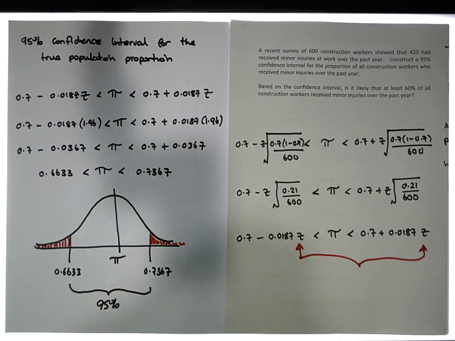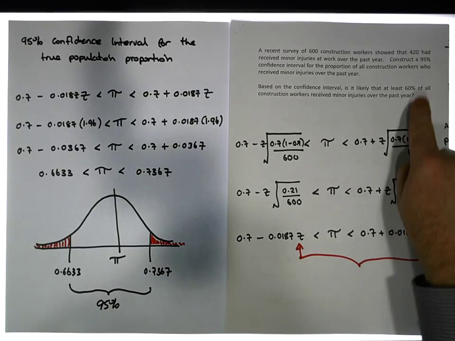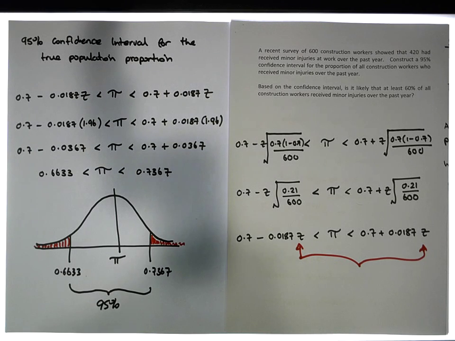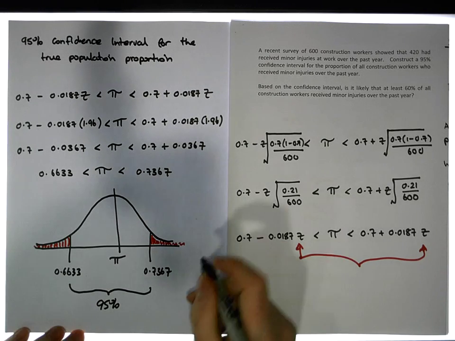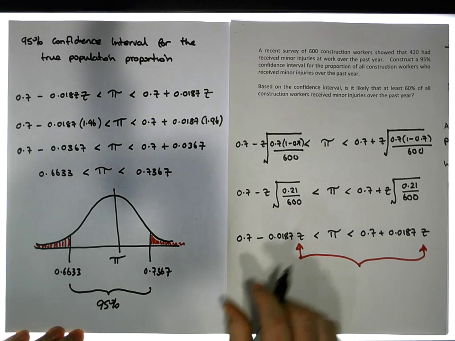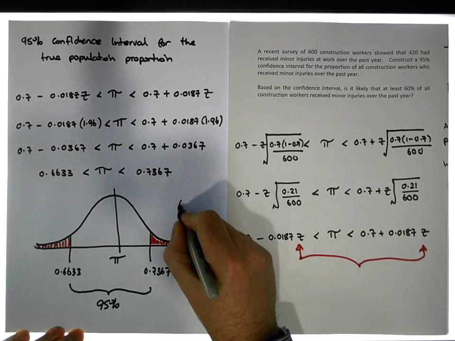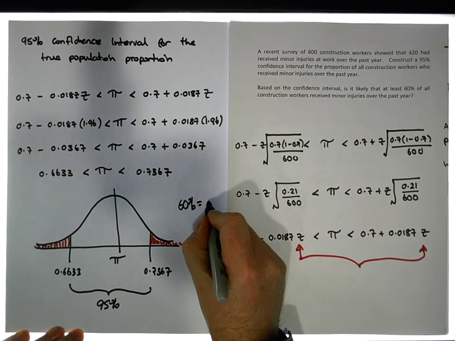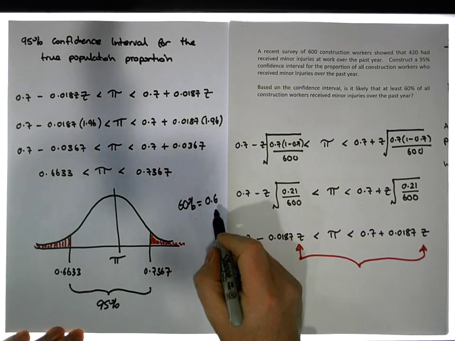Now what is 60%? If we think about it, 60% is a proportion of 0.6. That's the proportion here.